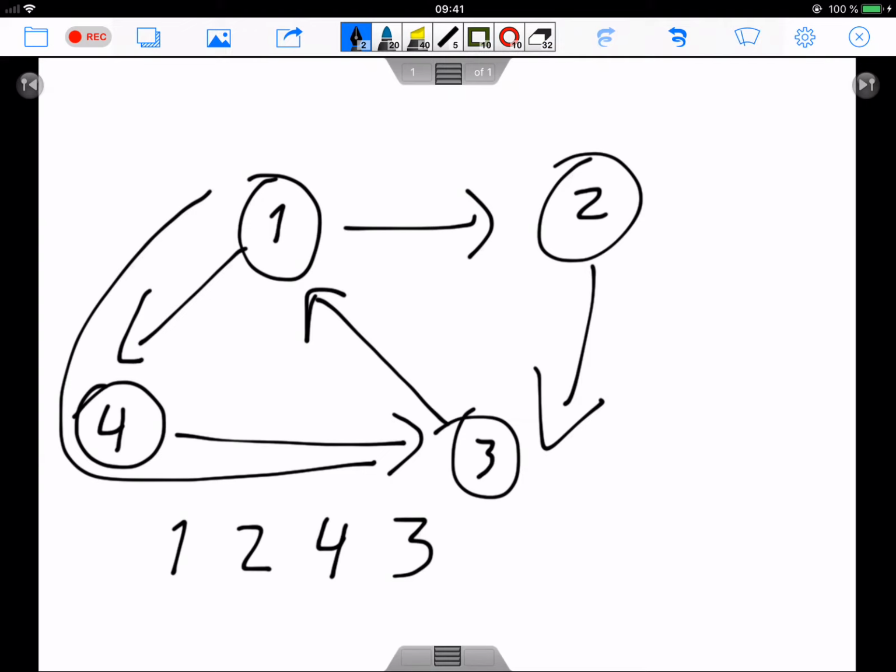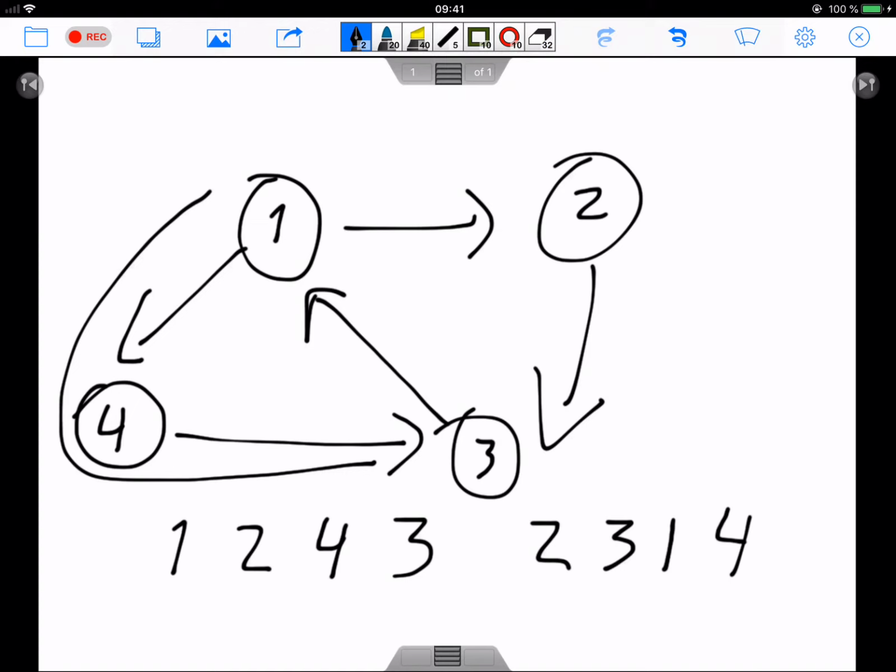If I take 2, I can go to 3, I can go to 1, I can go also to 4. And if you check the other vertices, you can go from 3 to 1 and to 2 and also to 4. From 4 you can go to 3, to 1 and to 2, okay? So all the vertices are mutually reachable, and in this case the graph is strongly connected, okay?